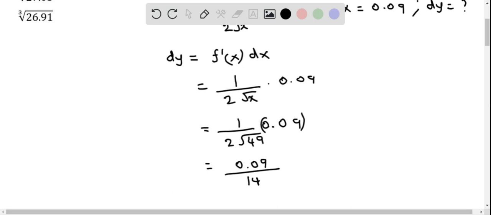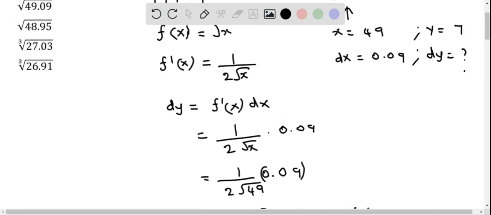You can plug this into the calculator and we get 0.00642. So this is approximately 0.0064. We can restrict to 4 decimal places. So this is basically dy. We have dy equal to 0.0064.